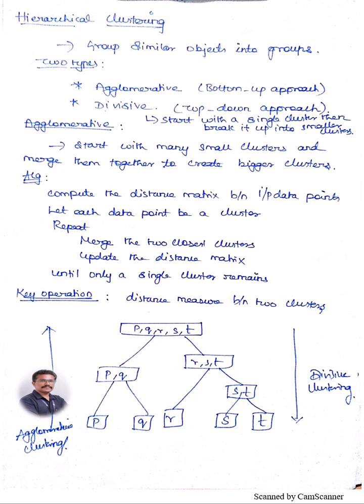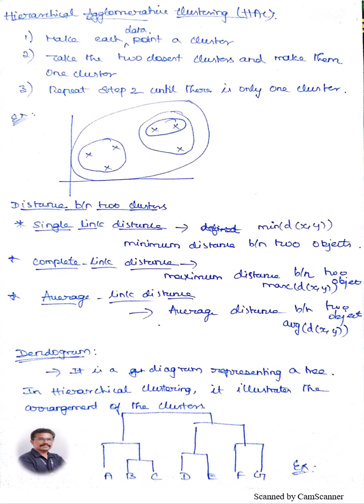First we merge P and Q and S and T, and after that we merge R, S, T, and after that we merge all of P, Q, R, S, T. Until a single cluster remains we repeat this algorithm. On what basis do we merge the clusters? On the basis of distance measures, that is, the distance between two clusters.